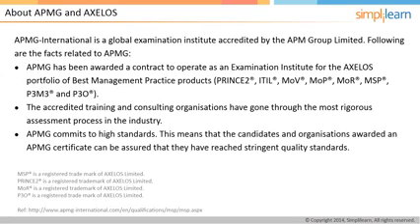This means that all the candidates and organizations awarded an APMG certificate can be assured that they have reached stringent quality standards. APMG is based in the United Kingdom. APM Group operates worldwide with offices in the UK, the USA, Germany, Malaysia, India, Australia, China, and South Africa, amongst other countries.